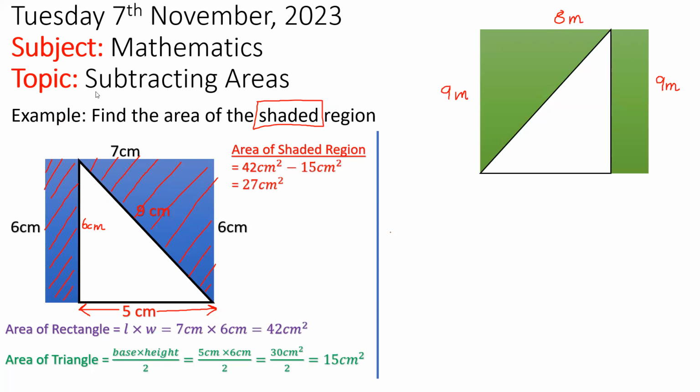And let's say that the distance from here to here is 6 meters. And let's assume that the hypotenuse is 12 meters.